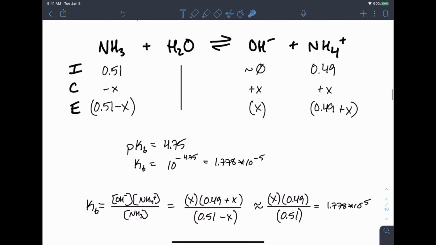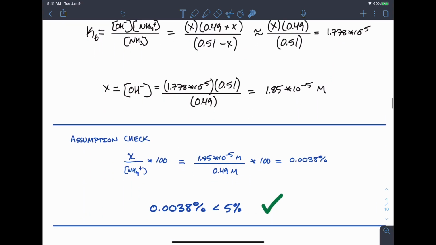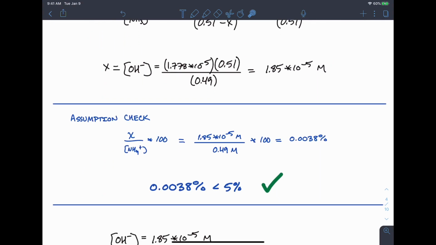So if we go back up to the ICE table, our initial concentration for ammonium was slightly smaller. So we're going to use that down here. So we have our x value divided by the initial concentration of ammonium times 100, and that's going to give us a percentage. So we have 0.0038%, and so any value less than 5% is okay to make that assumption. So obviously 0.0038% is much less than 5, and so this assumption is valid.